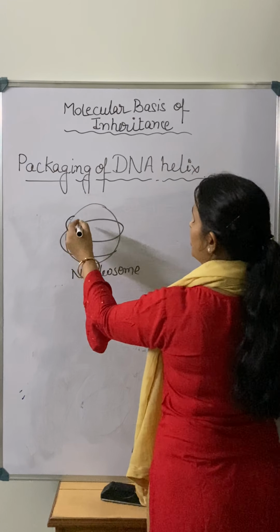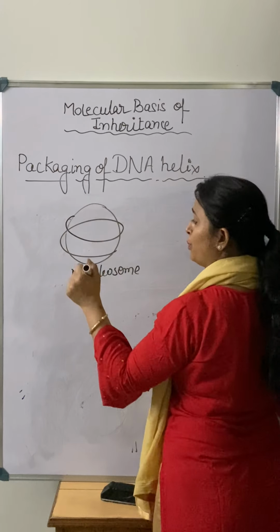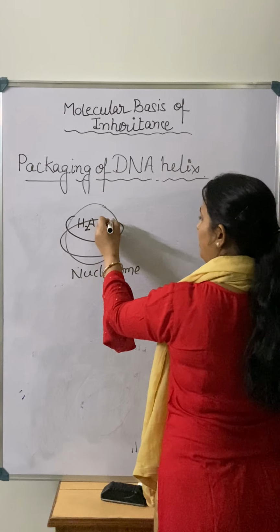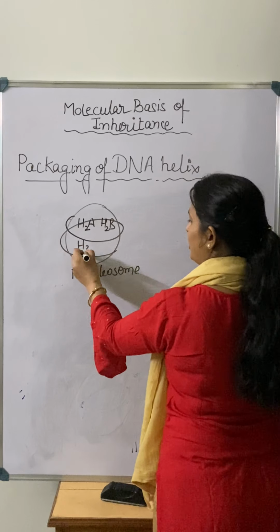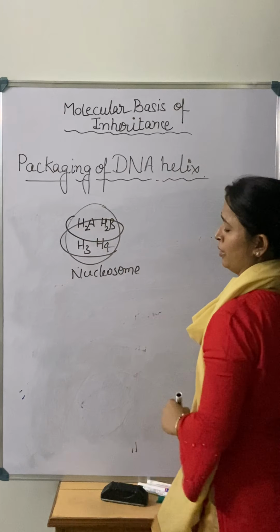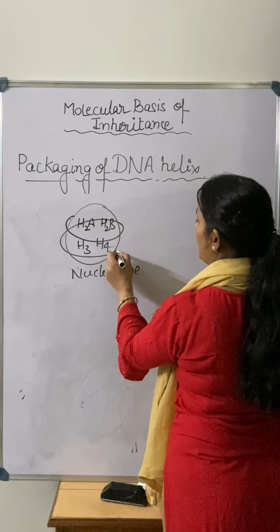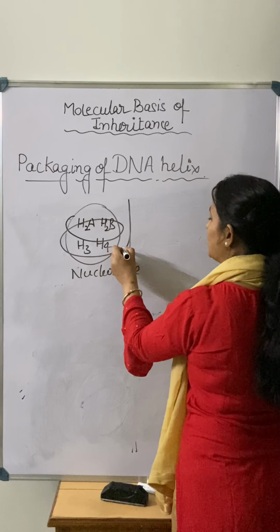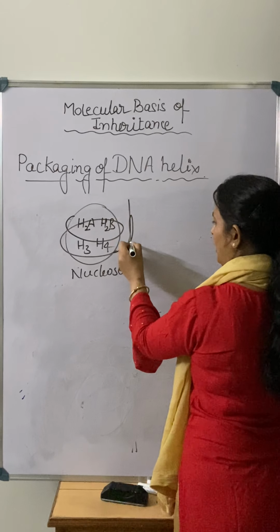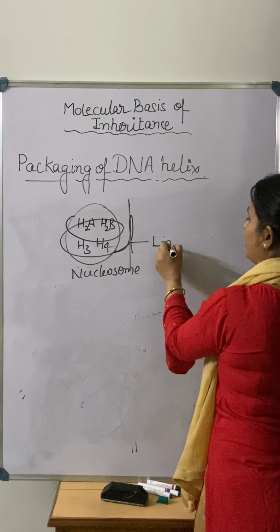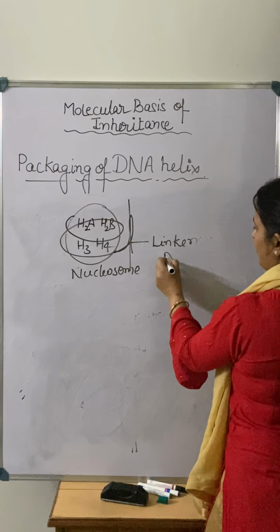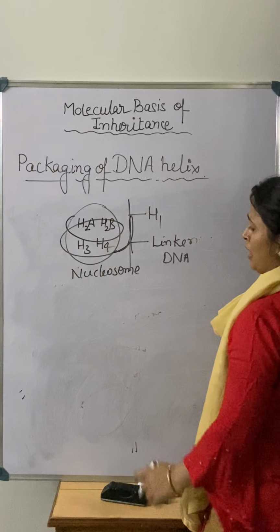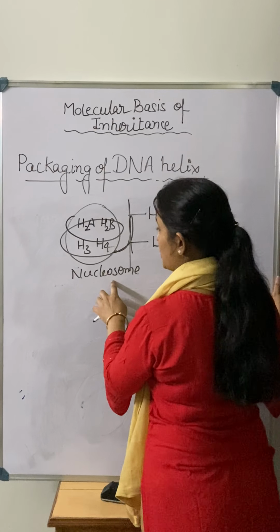In this octamer there is a participation of 4 proteins, H2A, H2B, H3 and H4, right? One remaining protein is going to form a structure, and the DNA wrapping around it is known as linker DNA, and that protein is known as the H1 protein. So this kind of structure is formed.